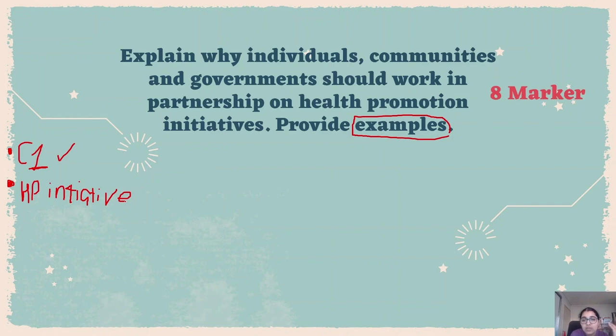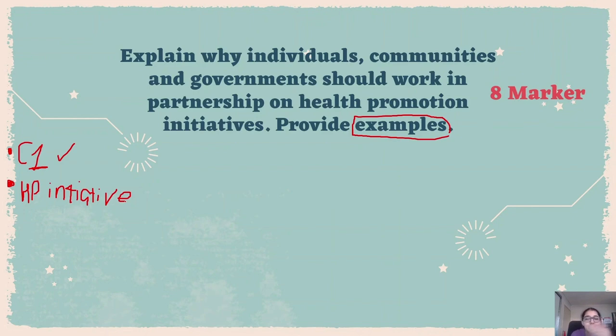Communities know what their people need. Governments are the ones who can provide the resources, the funding, the research, the connections that are needed to make these initiatives follow through. And individuals are the ones who have to actually take advantage of these initiatives for them to work, because those initiatives are aimed towards them.